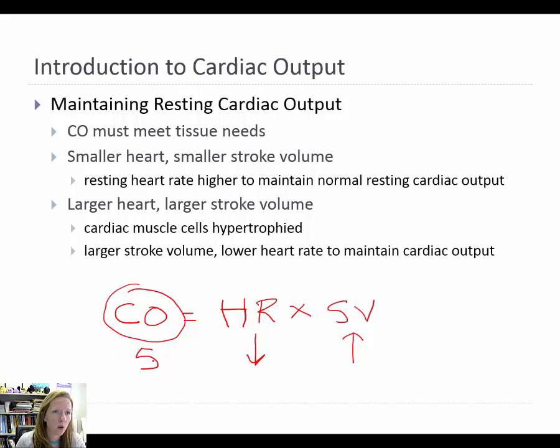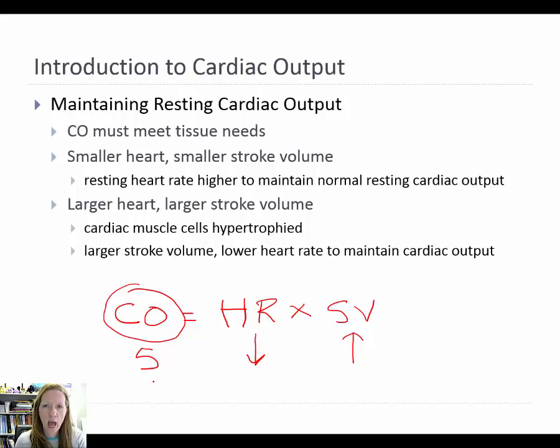We just talked about how we want more when we're exercising. We want to get more blood out to the tissues when we're exercising. So usually you will see an increase, but you don't want to see a decrease in that number. Because this is that resting basic cardiac output that your tissues are going to need.